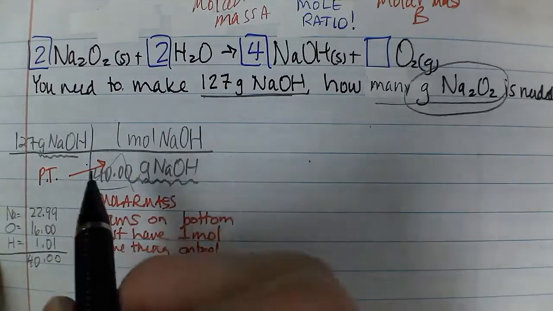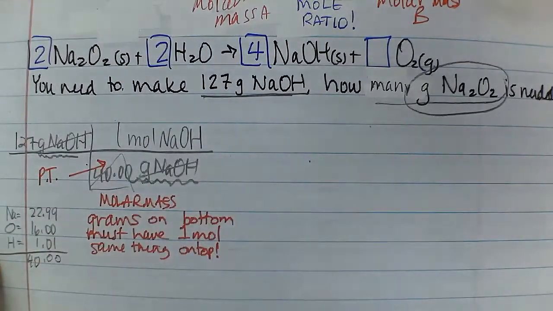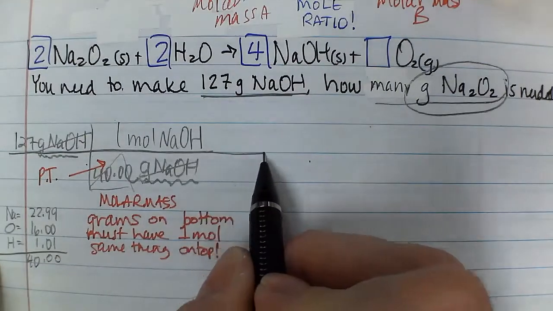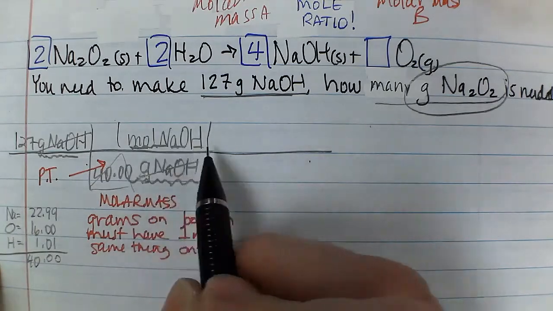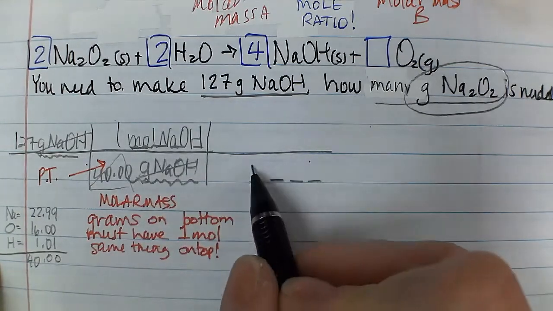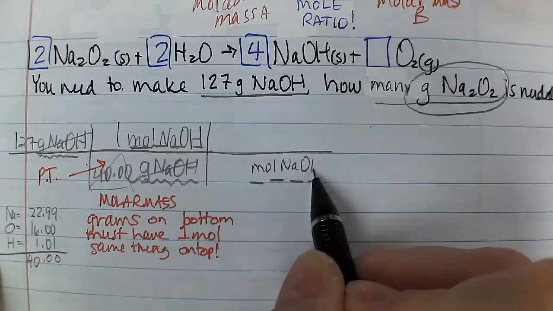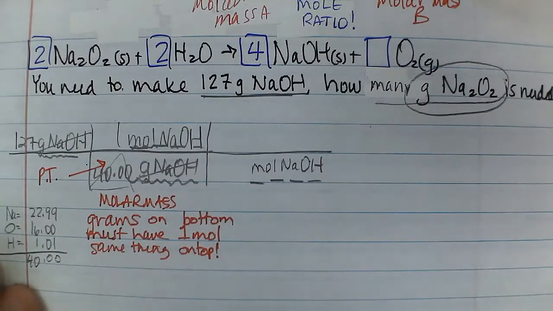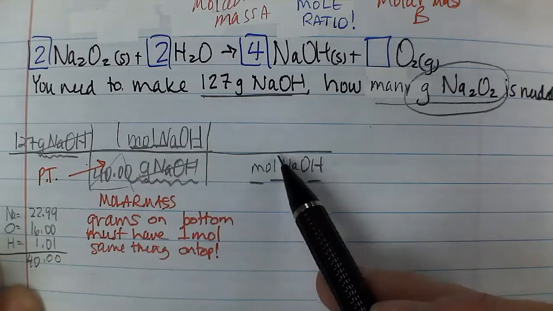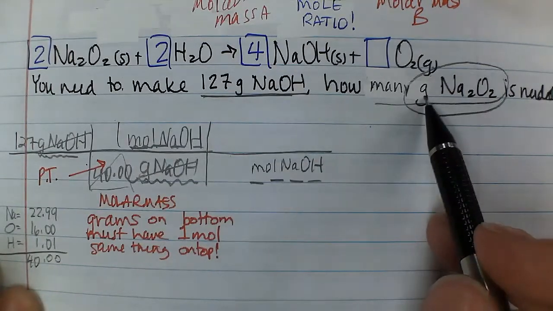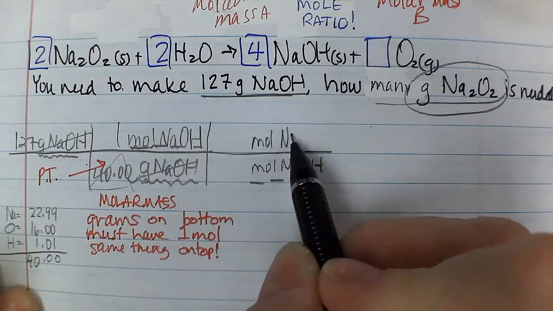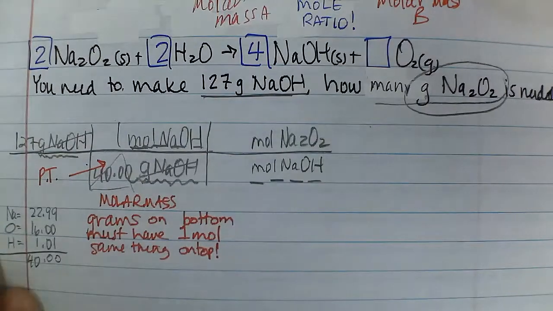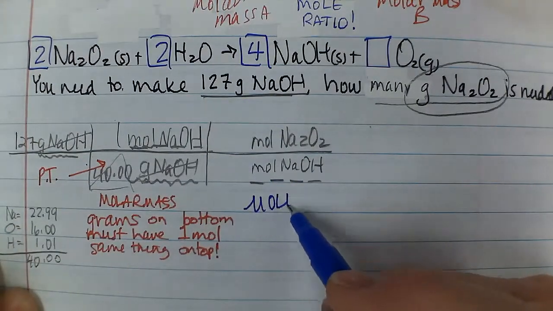Okay. So now grams of NaOH crosses out. But I don't want that, so now I don't want moles of NaOH. So now I'm going to take my moles of NaOH and put that on the bottom. So now I'm trying to find grams of Na2O2, but I cannot put grams of one thing with moles of another. So this is where I'm going to use my mole ratio so that I can get from one thing to another.